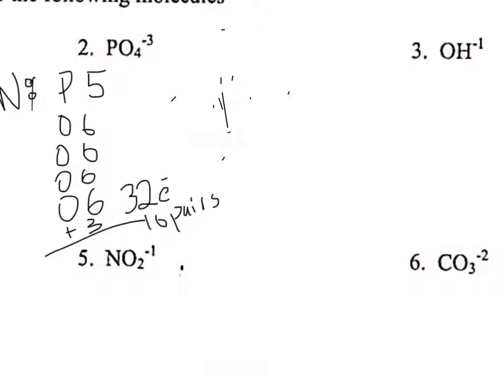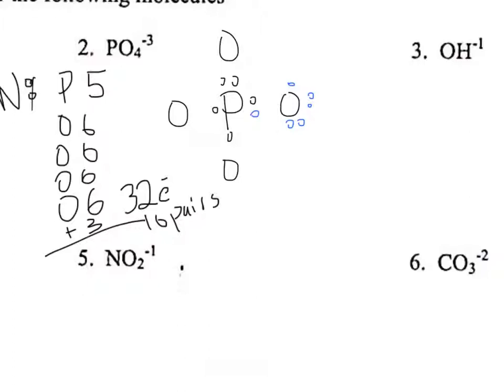I'm putting individual electrons, like this, assuming that it's going to share with the oxygen. And look at what happens with the oxygen. Oxygen has 6 valence electrons. So if we do 1 and then 2, 3, 4, 5, 6, again we're ending up with this single electron. And that occasionally happens, but not very often.